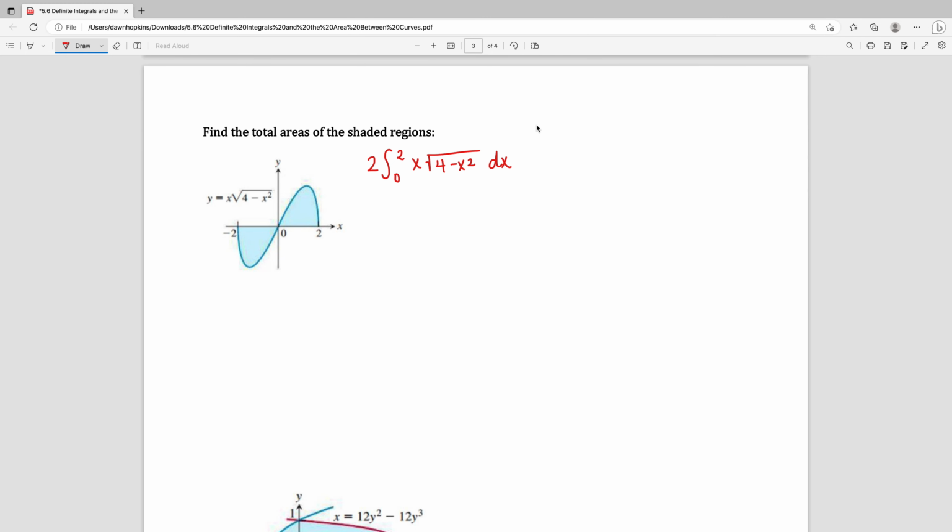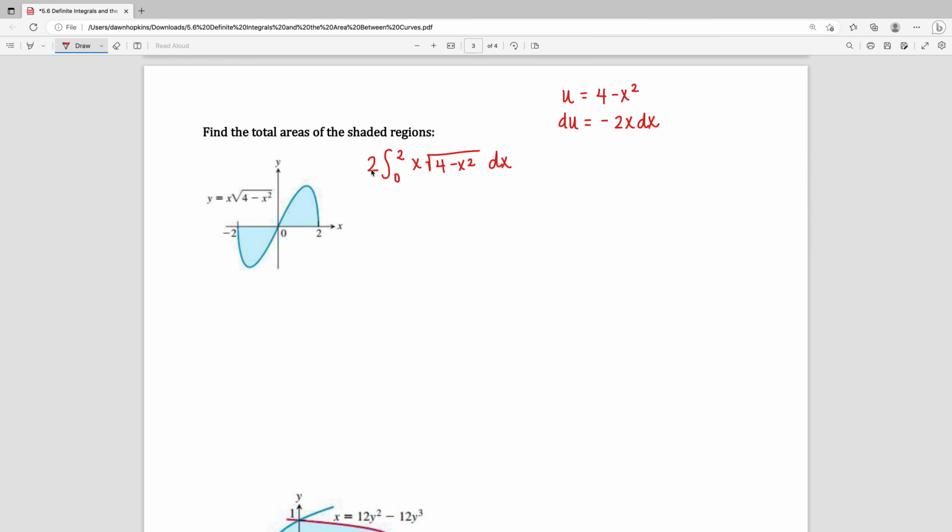And in this case, I'm going to let u equal what's inside that radical. So u equals 4 minus x squared. du is then going to be -2x dx. Now, I'm part way to where I need to be for this du.